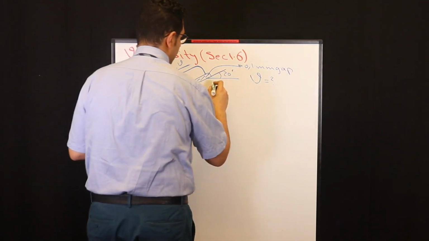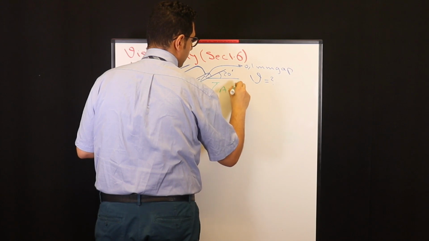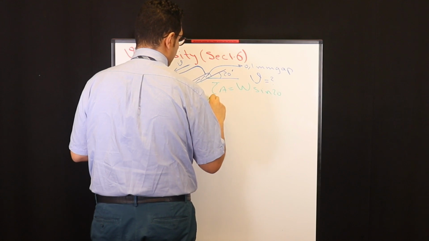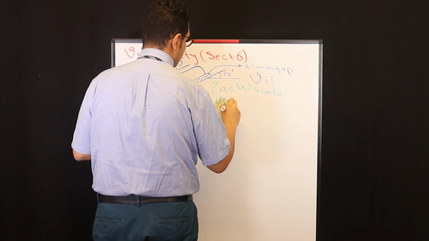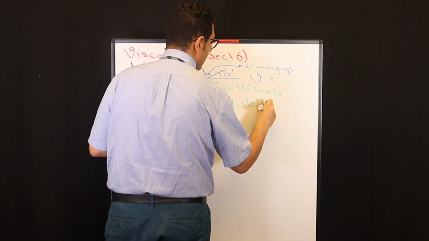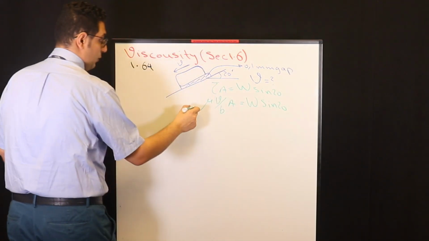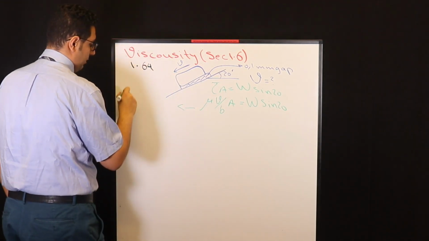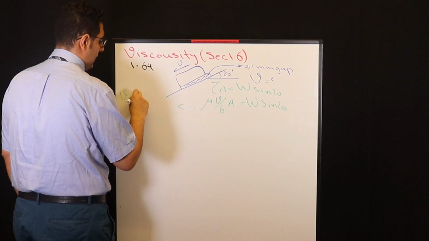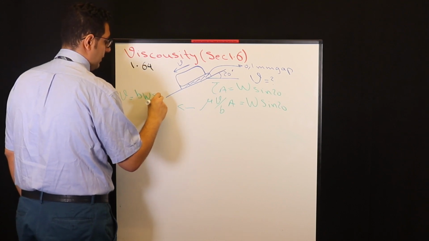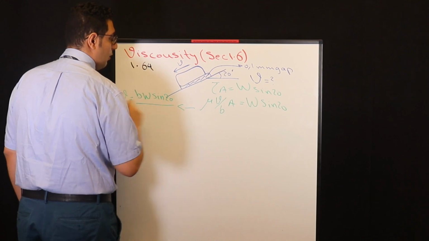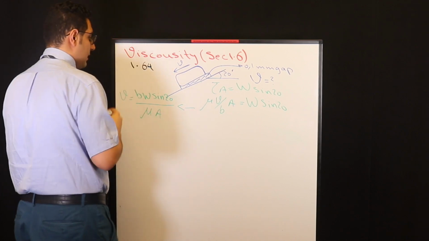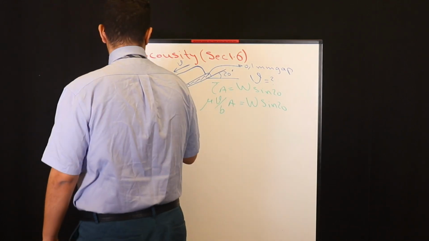We have tau A is equal to W sine 20 degrees, which means that mu V over B multiplied by A is equal to W sine 20, which means that V is equal to B W sine 20 over mu A.